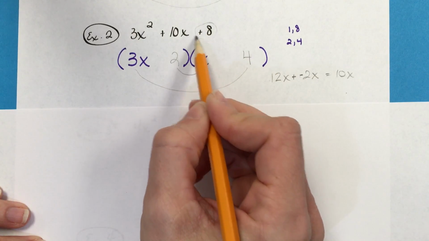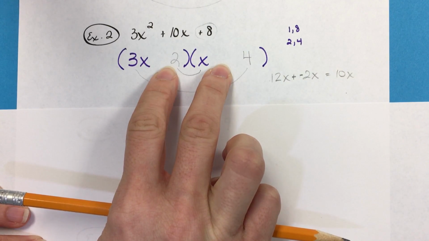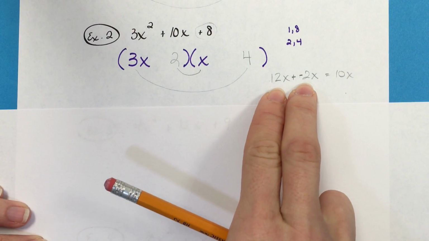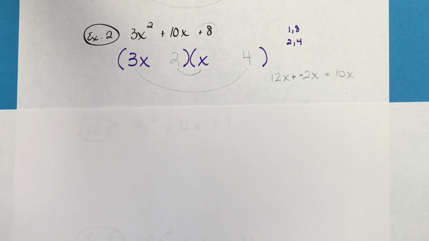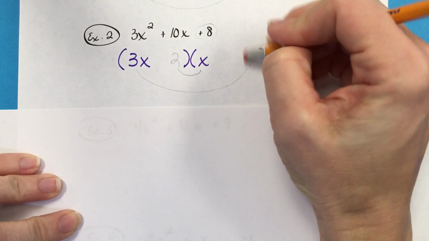If you notice right here, this is positive. That tells me that the signs I'm supposed to have down here are supposed to be like. That means these both need to be positive or these both need to be negative. So it appeared that I had the right combination, but the rule about my signs is not working, okay? So maybe we need to change it.